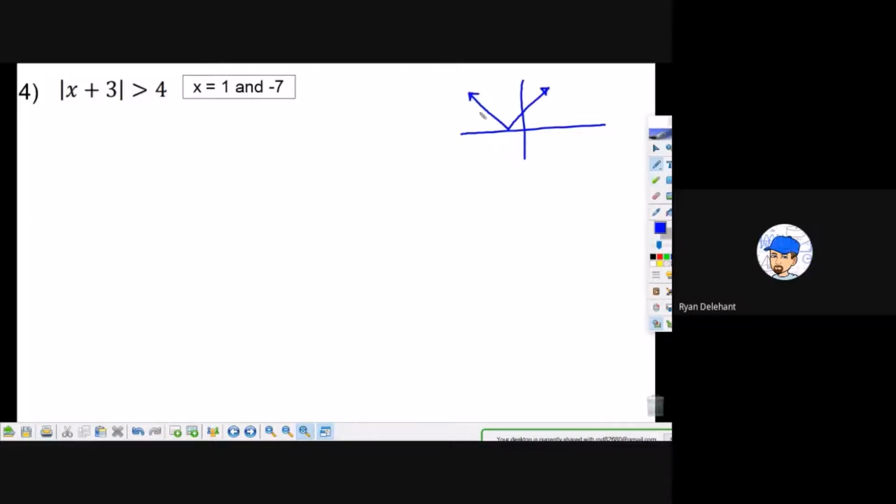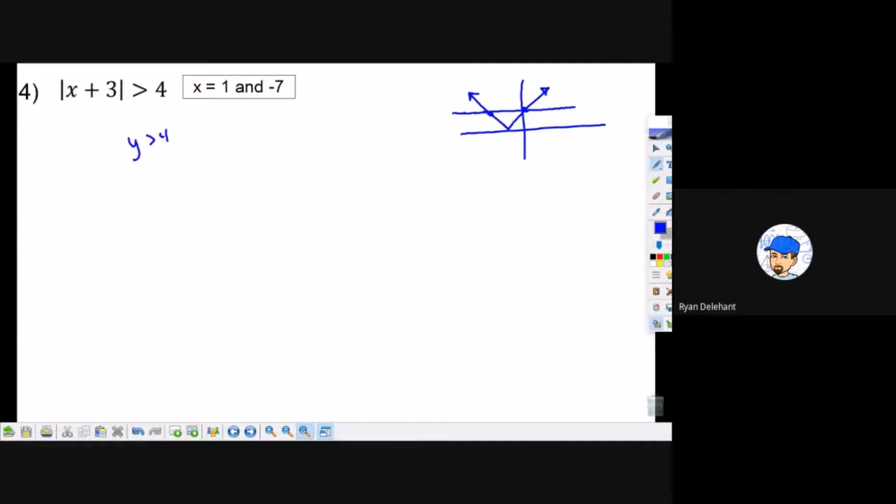If we compare that to a line at y equals 4, when we were finding those 2 answers, we were finding the 2 spots that they touched. When we find this answer, we're actually finding an interval, because what's going to happen is one of these becomes an inequality.